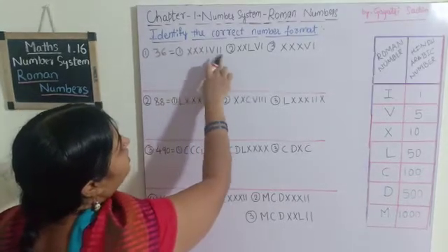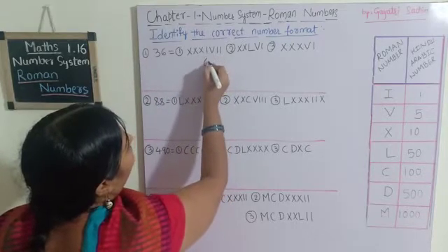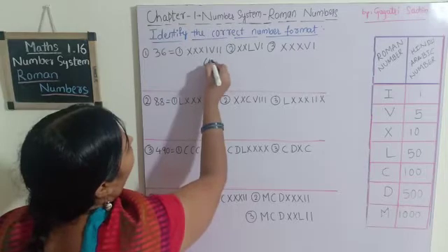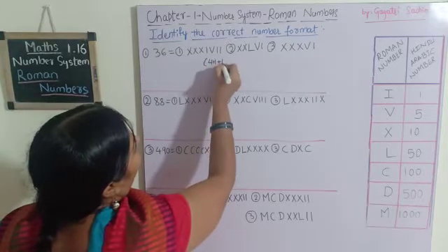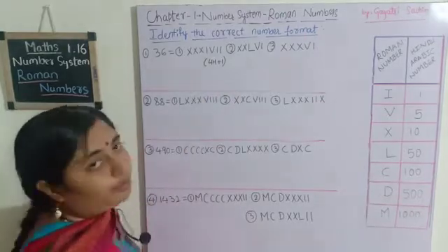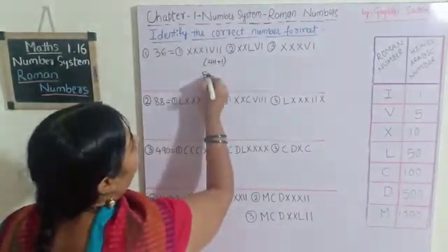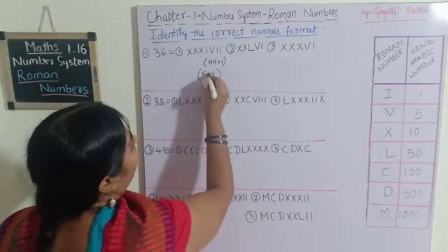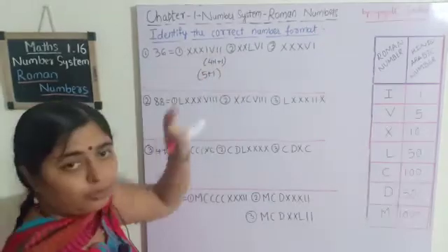How have they written 6? They have written IV, which means 5 minus 1, 4, plus 1 plus 1. Is this the correct format to write 6? No. How will we write? 5 plus 1 we will write. This is wrong. 4 plus 2 is wrong.